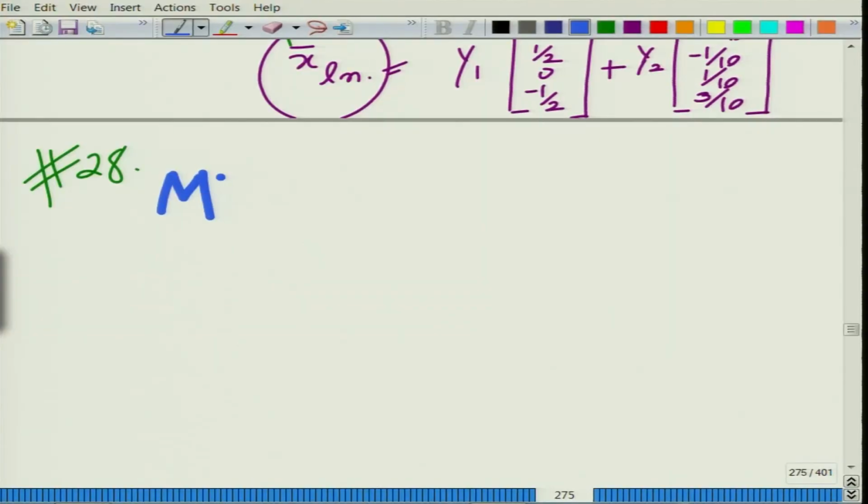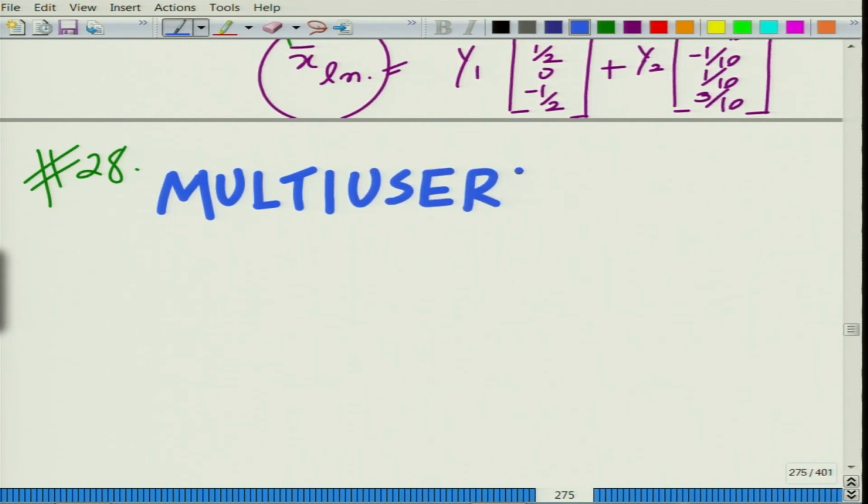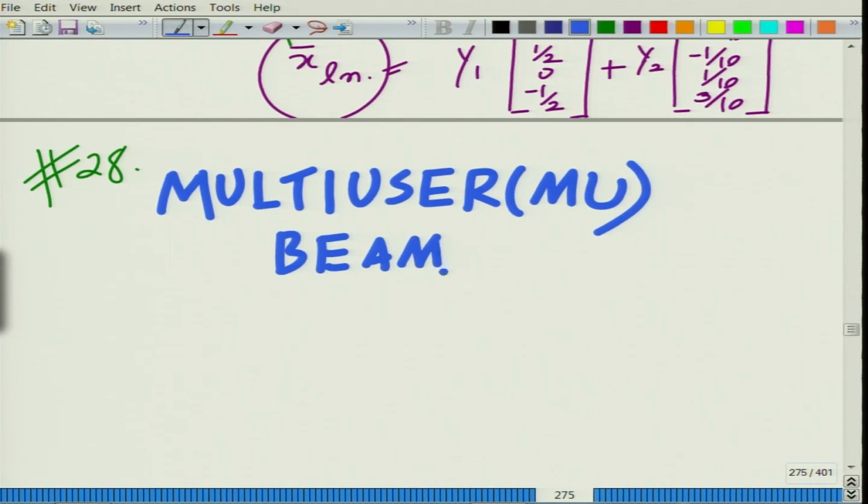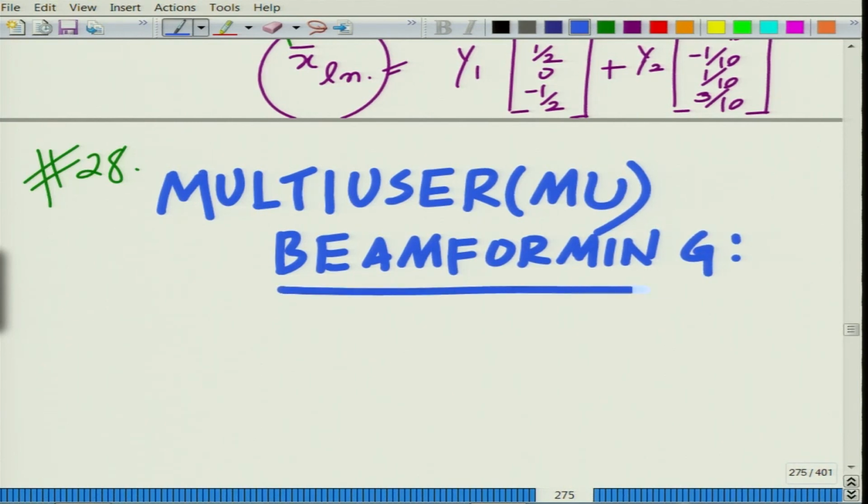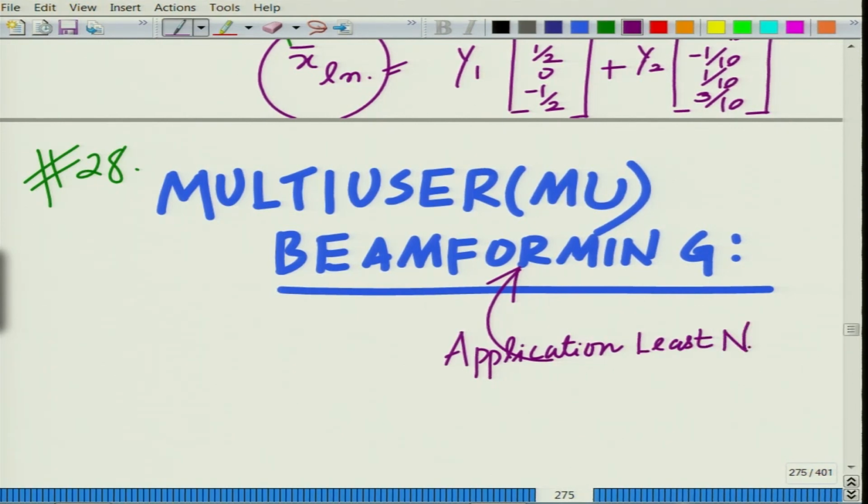So, let us talk about multi-user beamforming, which is again a very interesting application, essentially an application of the least norm solution in wireless communication.